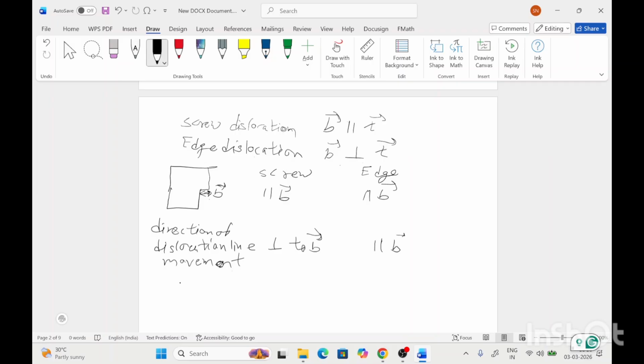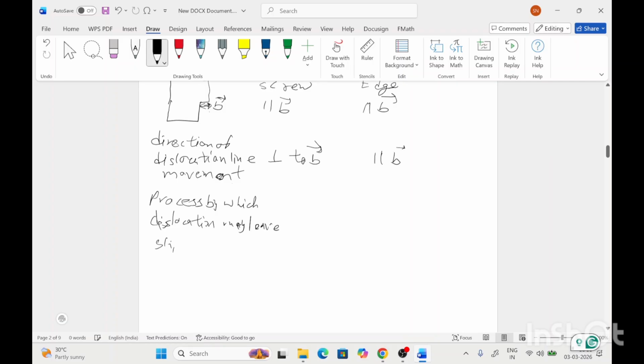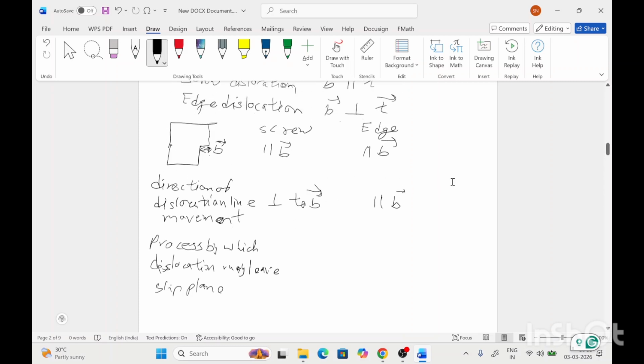And the process by which a dislocation may leave a slip plane. For screw dislocation, the Burgers vector and line vector are both parallel, so the screw dislocation can move towards any plane which comes in its path.